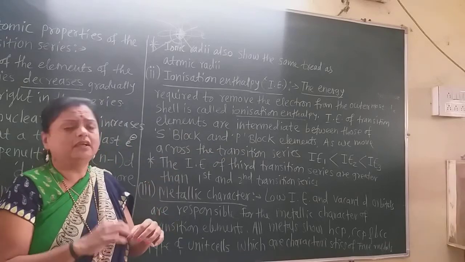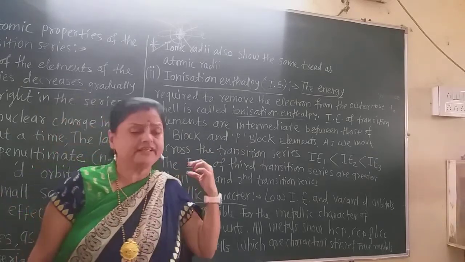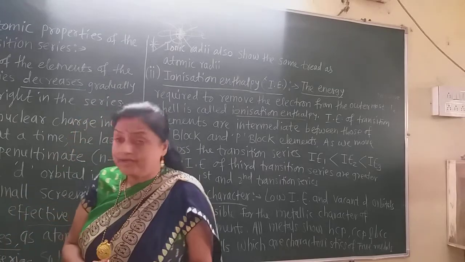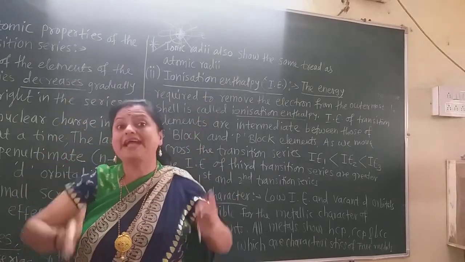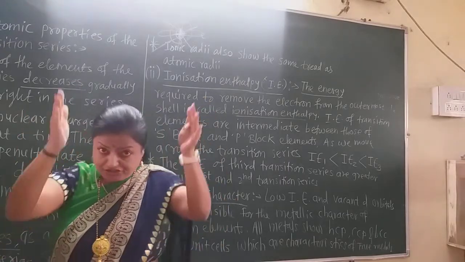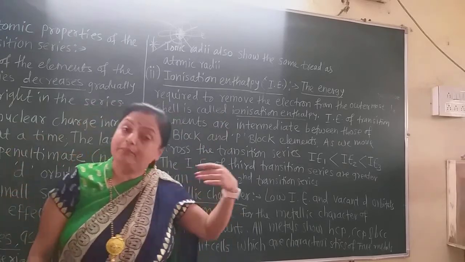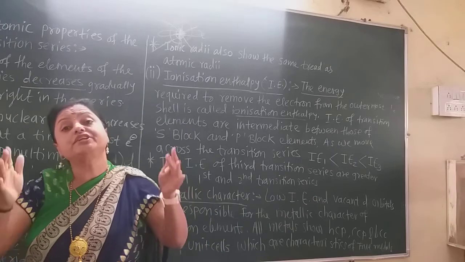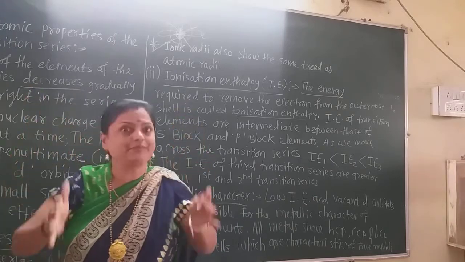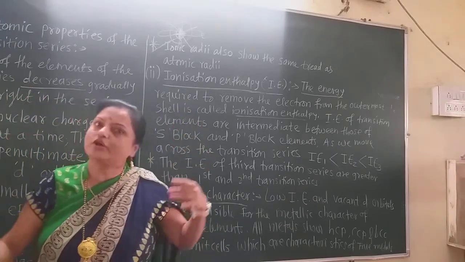Now what they say, though the ionization enthalpy increases from left to right, the magnitude of the ionization enthalpy of these d block elements, which are at the center in between s block and p block, are also intermediate between the values of s block and p block.